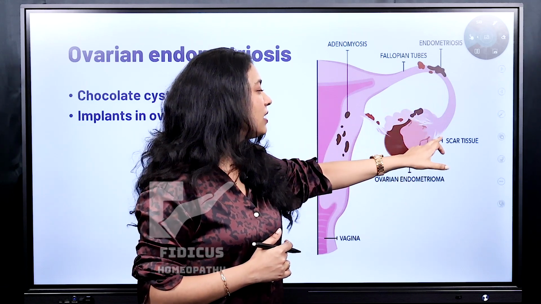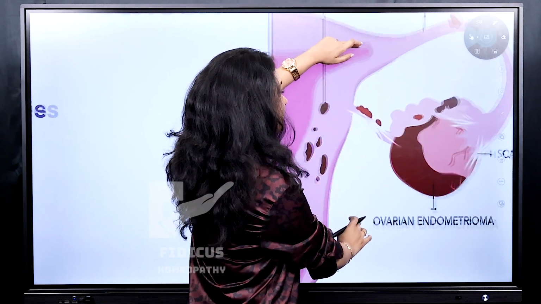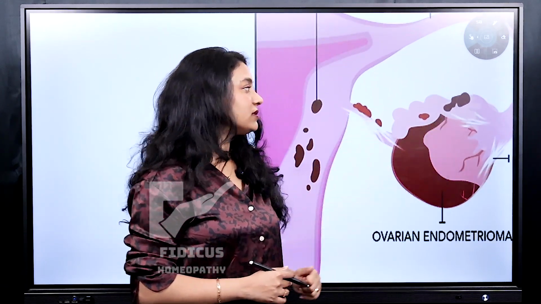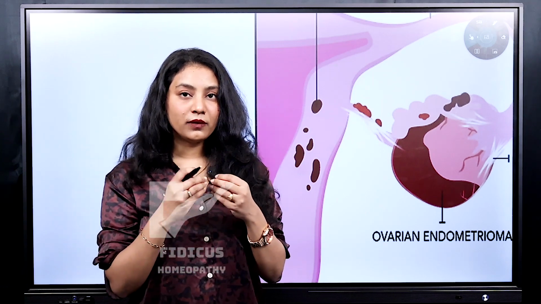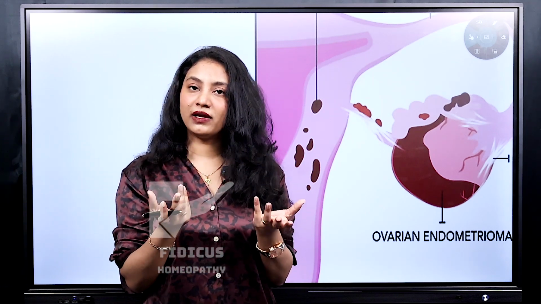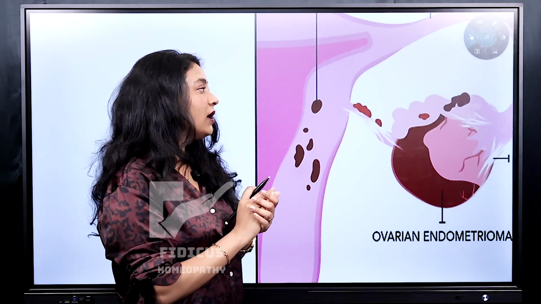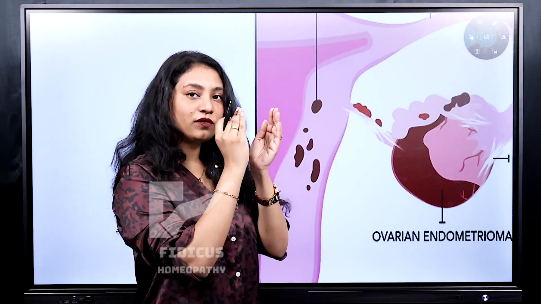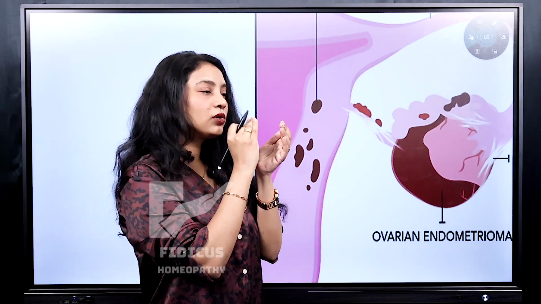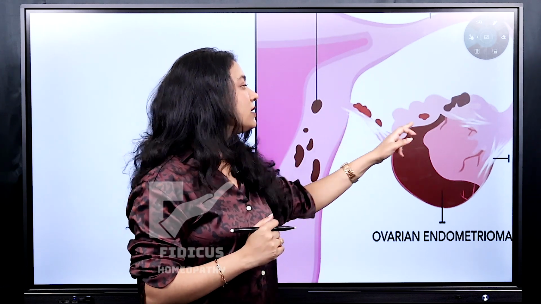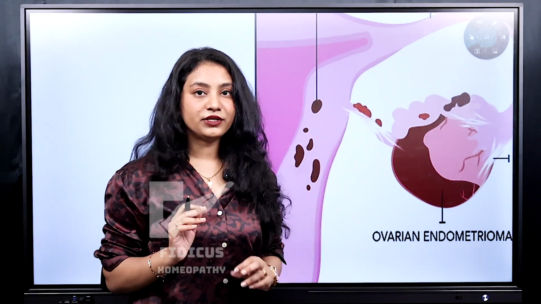If you can see here, these white bands are called adhesions. Whenever your endometrium is bleeding, the blood cannot go anywhere else because it is not inside the uterus, and that blood pooling will cause the body to say you have to stop it here itself. So it will cause adhesion or scar tissue formation. So these white bands you're seeing are the adhesions.